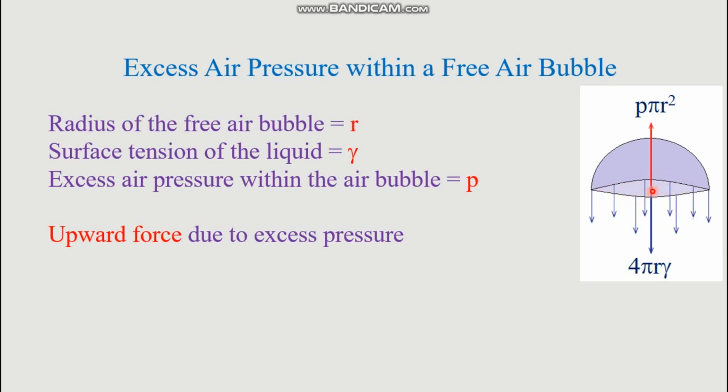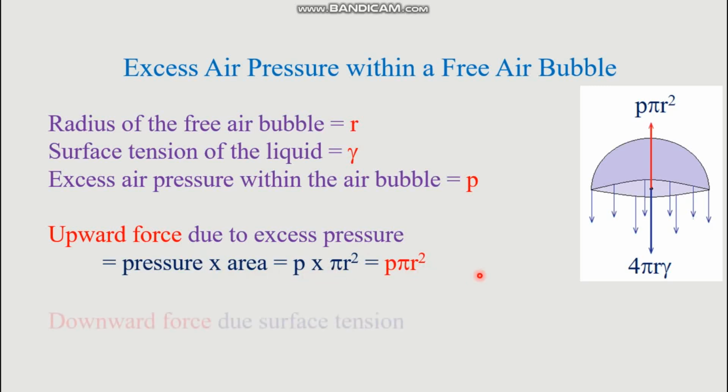Then pressure times surface area is force. So to convert this into the dimension of force, we have to multiply pressure with the surface area. So it is p, the pressure, into pi r squared, the surface area. So this is pressure times area, p pi r squared.